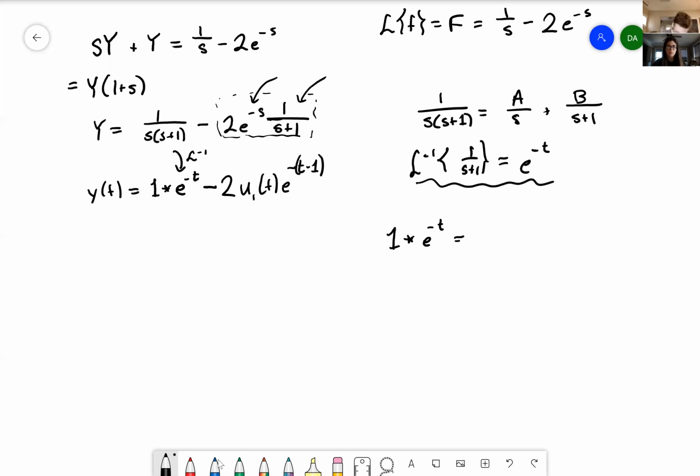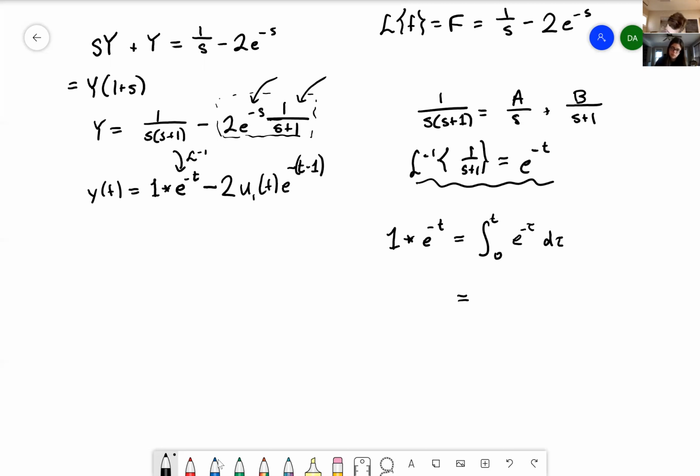So that will be the integral from 0 to t of 1 times e to the minus tau d tau, which is really just the antiderivative of e to the minus t.